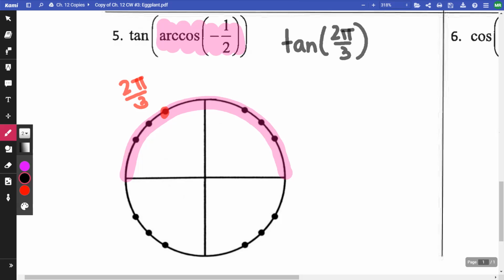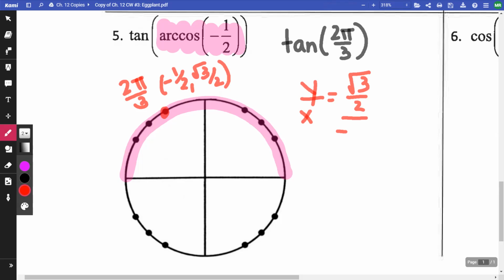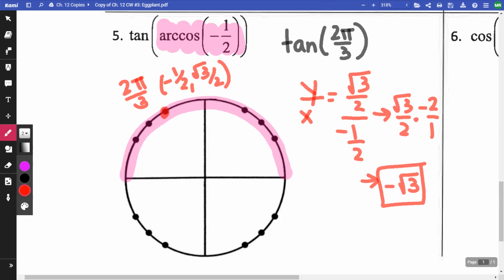This point is negative 1/2 comma root 3 over 2. And tangent is y over x. So I'm going to have root 3 over 2 divided by negative 1/2, which becomes root 3 over 2 times the reciprocal, which is negative 2 over 1. And my final answer is going to be negative root 3.